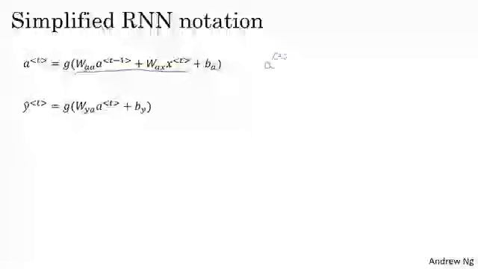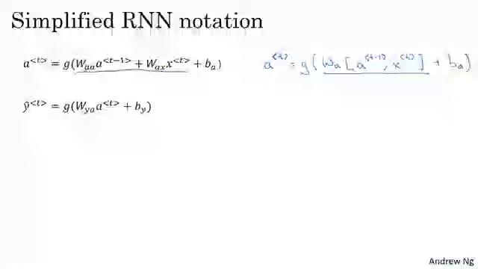I'm going to write this as AT equals G times just a matrix WA times a new quantity, which is going to be AT minus 1, comma, XT, and then plus BA. And so the quantities on the left and right are supposed to be equivalent.